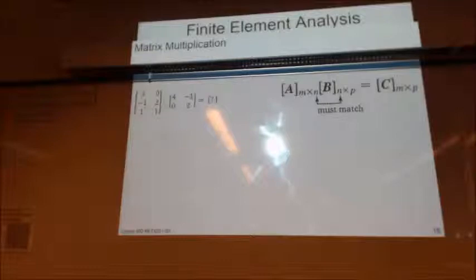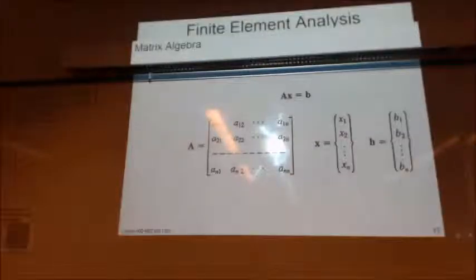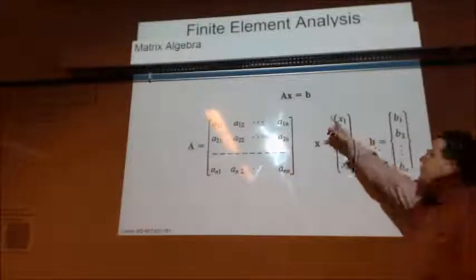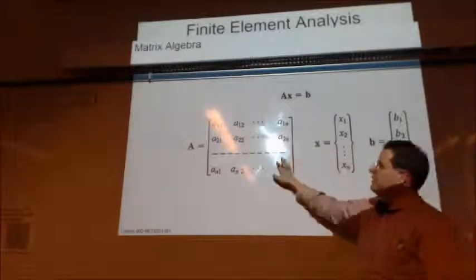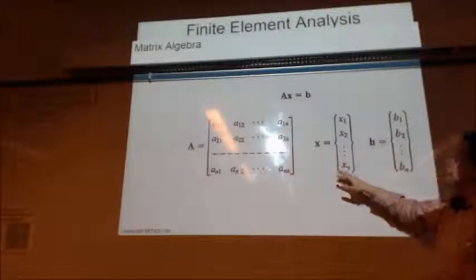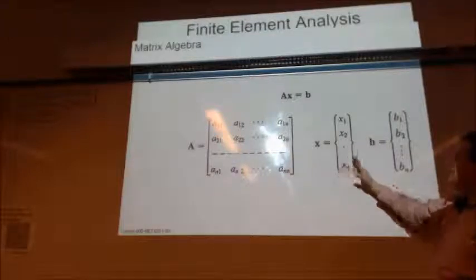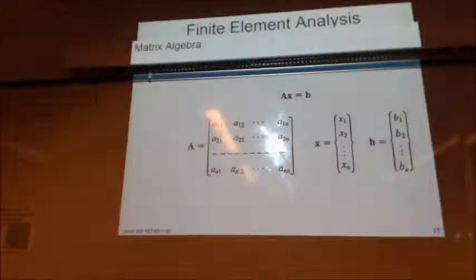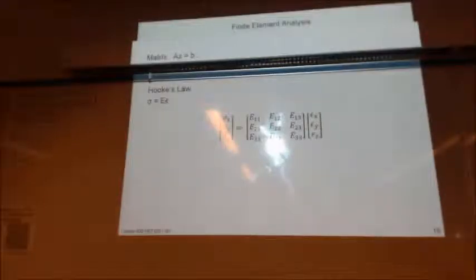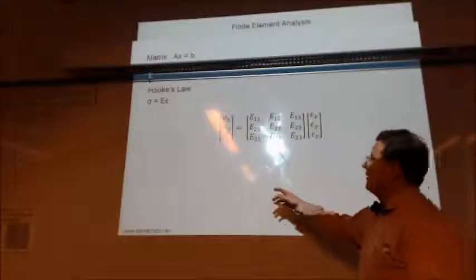So, how does this all relate to what we're doing? A lot of what we're going to be dealing with is going to be in this form, AX equals B. So our A matrix, our X, and equal to B, right? An example of that would be Kirchhoff's Law, right?